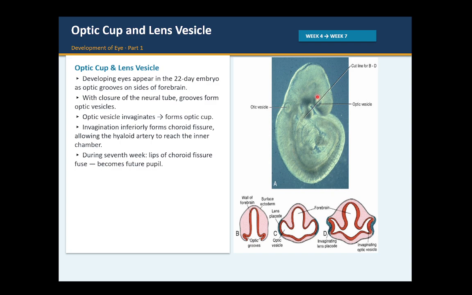That's the place from where the optic vesicles are going to arise, and they are going to move towards the surface ectoderm. So if you see here, this is the neural tube, this is the forebrain. You can see that optic vesicles are arising and they are moving towards the surface ectoderm.